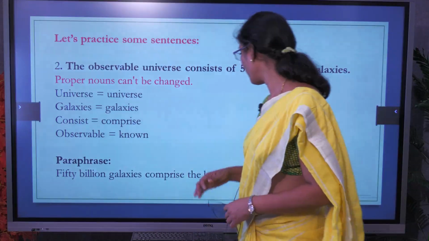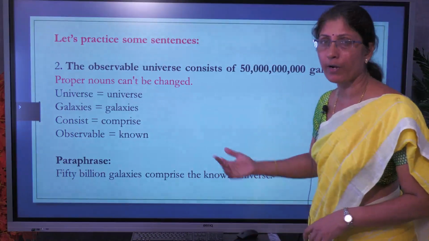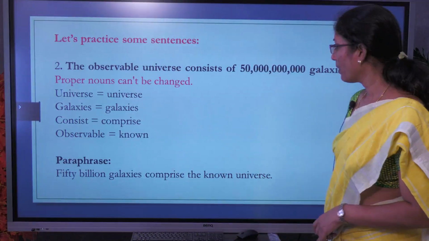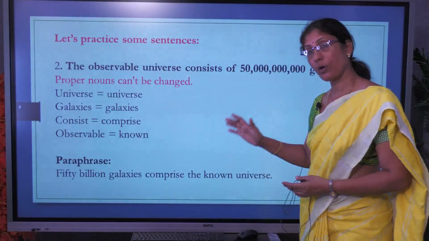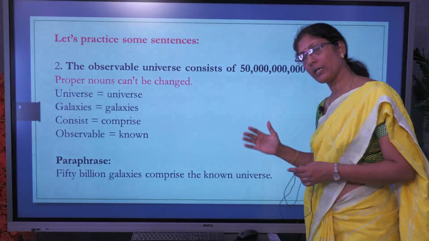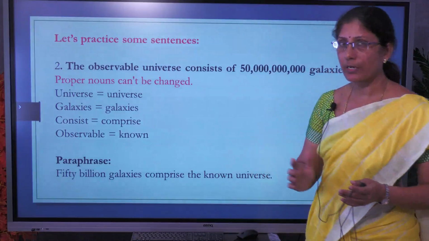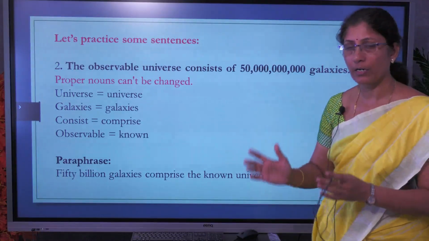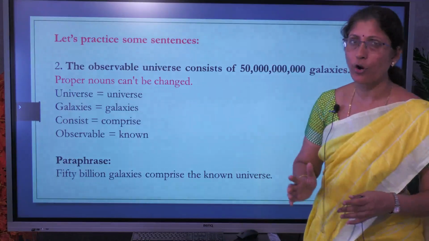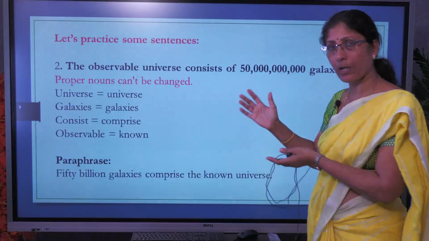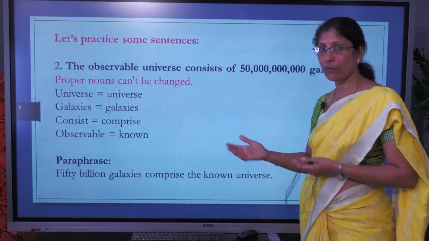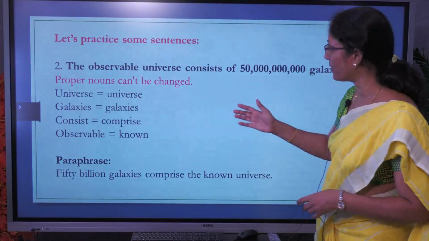So see how the sentence is simplified in our paraphrasing. And here the order is changed. Already we discussed that we can use varied sentences. We can cut the long sentences into short, or we can change the presentation of the ideas. So here a varied sentence is used.